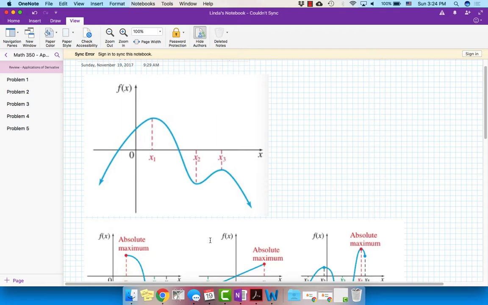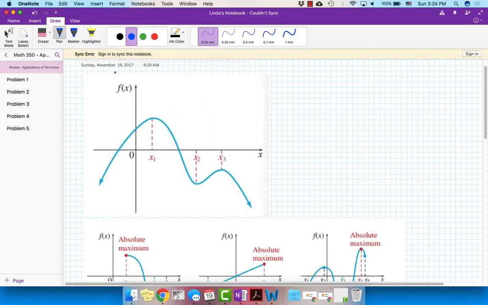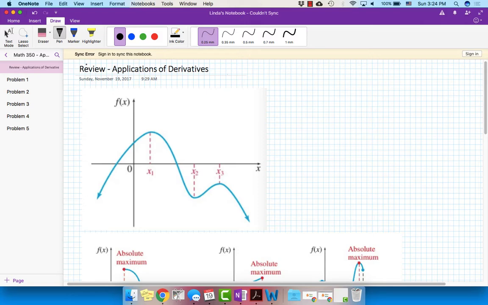Okay, let's go back to this function right here. You can see that this is the function when we are able to graph it. But in the event that we can't graph it, we use the application of derivative by taking the derivative and then setting it equal to 0. We're saying that the slope right here of that function is 0.